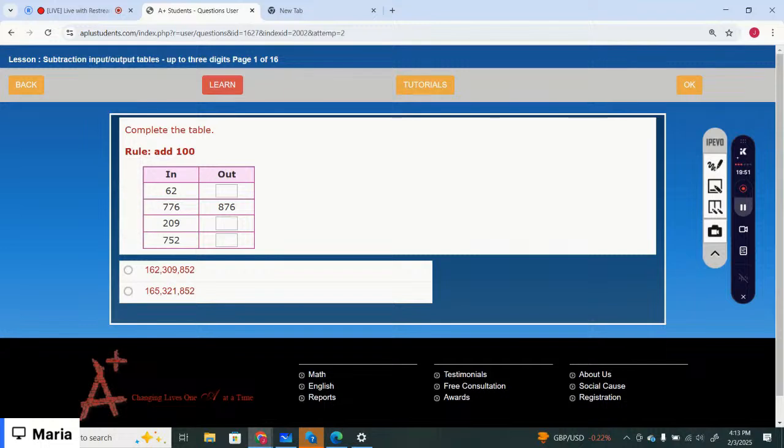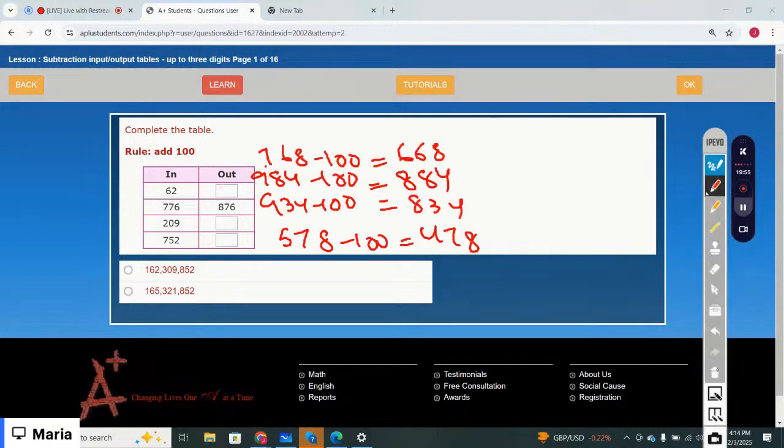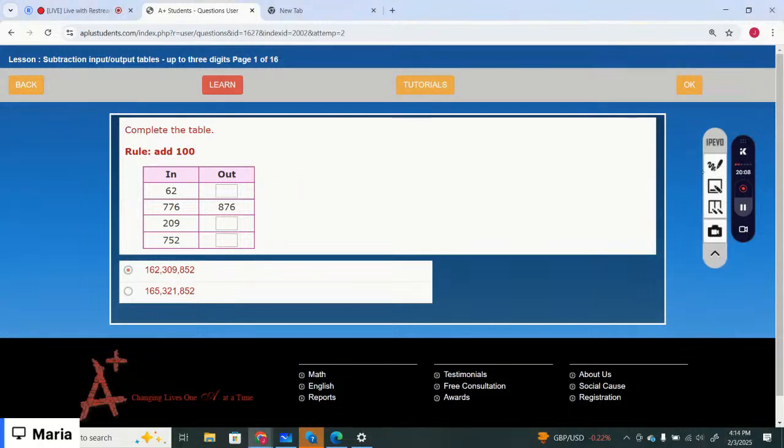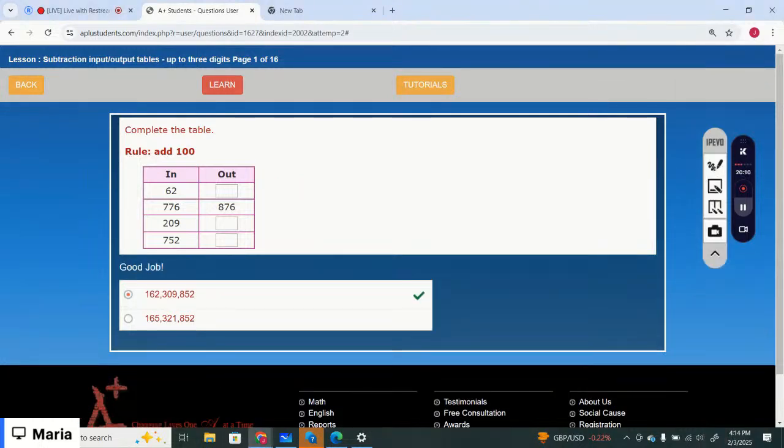The correct option is you have to add 100. So 100 plus 62 is 162. 209 plus 100 is 309. 752 plus 100 is 852. So option number 1 is the correct option. 162, 309 and 852.